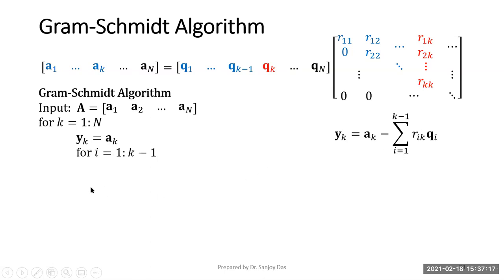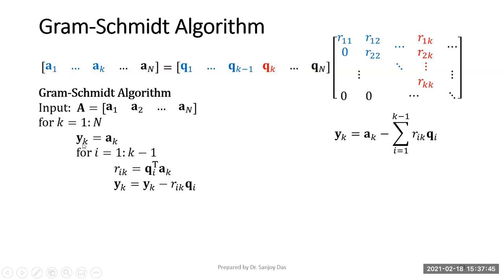And each time I loop through this inner for loop, I will subtract one term RIK QI from YK. Now RIK is QI transpose AK. So I find RIK, and then I subtract one term RIK QI from my YK.